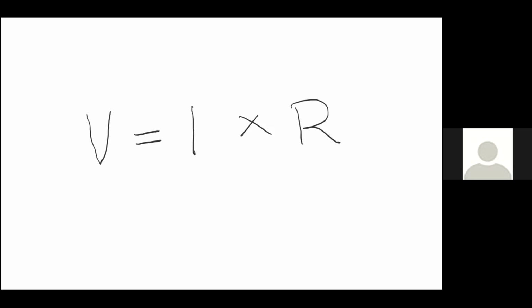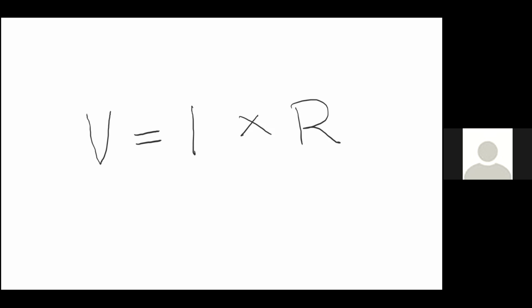What is the equivalent of resistance in alternating current circuits? The equivalent to resistance in alternating current is impedance. That's great. So what about power? What is power?